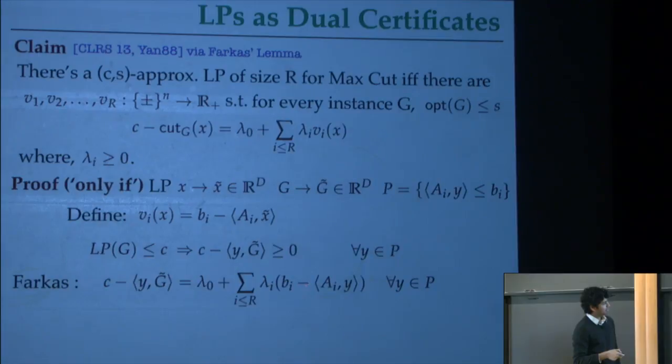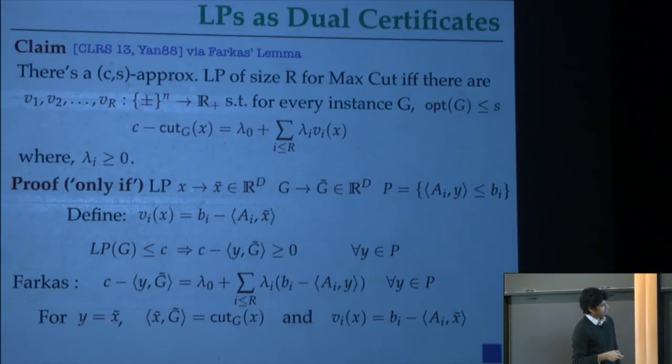The defining inequalities of the polytope are that b_i minus a_i dot y is non-negative. So I can express this non-negativity of C minus y dot G tilde as a non-negative combination of the defining inequalities of the polytope P, right. In particular, I can input y as the linearization x tilde of any cut x.